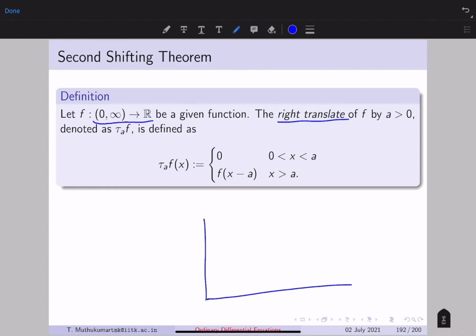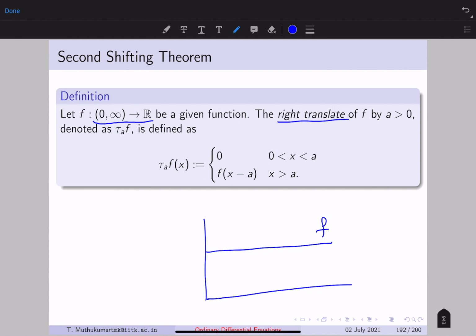Okay, so the graph of the function is in the first quadrant here, and if you are given some function, for simplicity, so that you can see it immediately, let's take a constant function, but it could be any function. Okay, so this is your f. So what is the right translate of f is that you just translate this function to the right side.